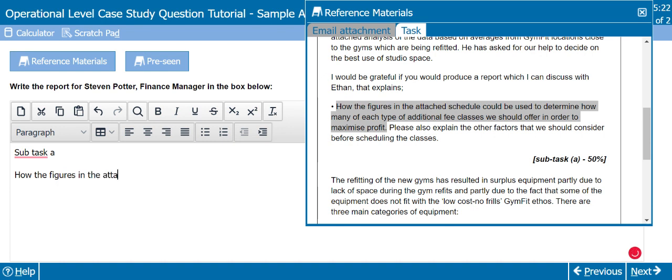In the attached schedule could be used to determine additional fees, something like that, right?